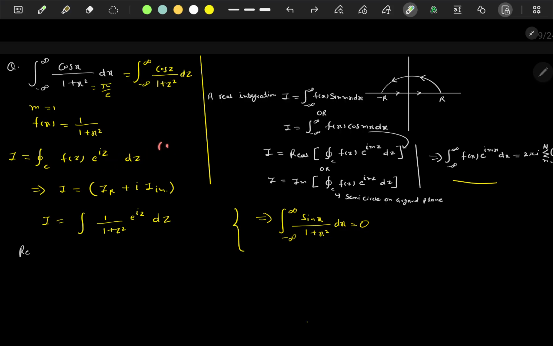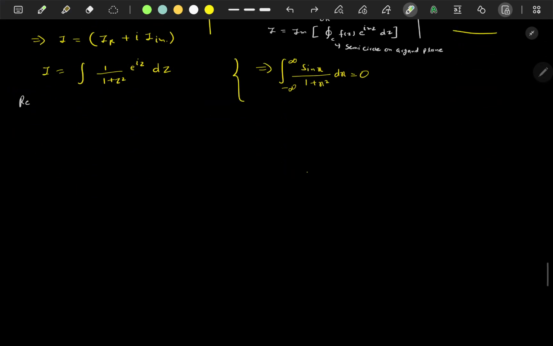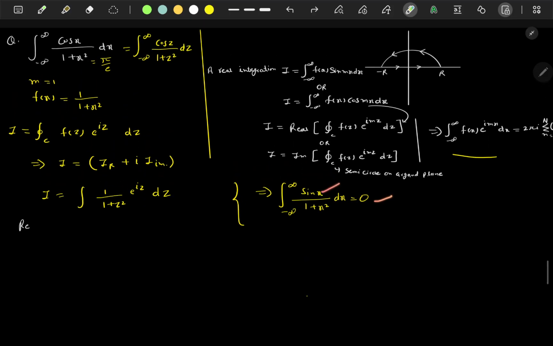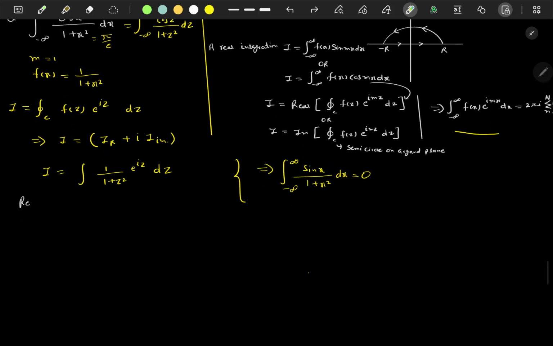And when you open it, cos z plus iota sin z, it will give you real part and imaginary part. So the real part was there, so only the real part will be taken in consideration. Okay. And since sin x is an odd function, it will give you 0, but here cos x is an even function, so when you solve it, it will give you pi by e as the answer.